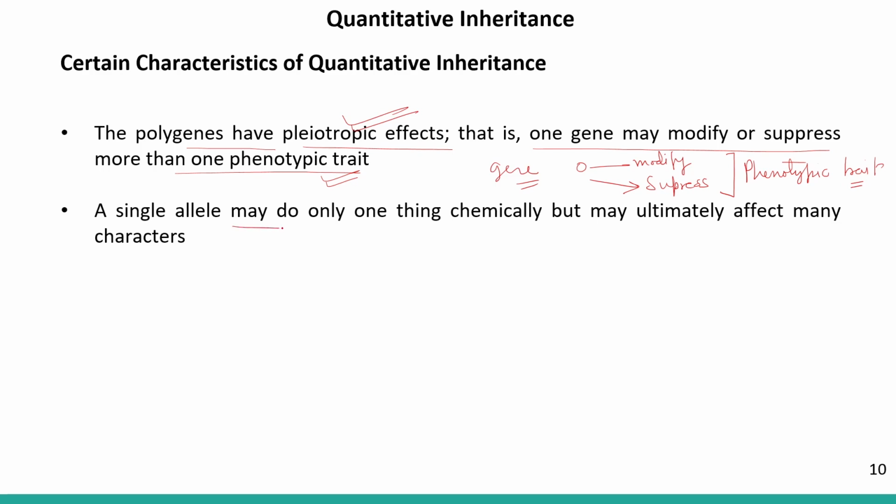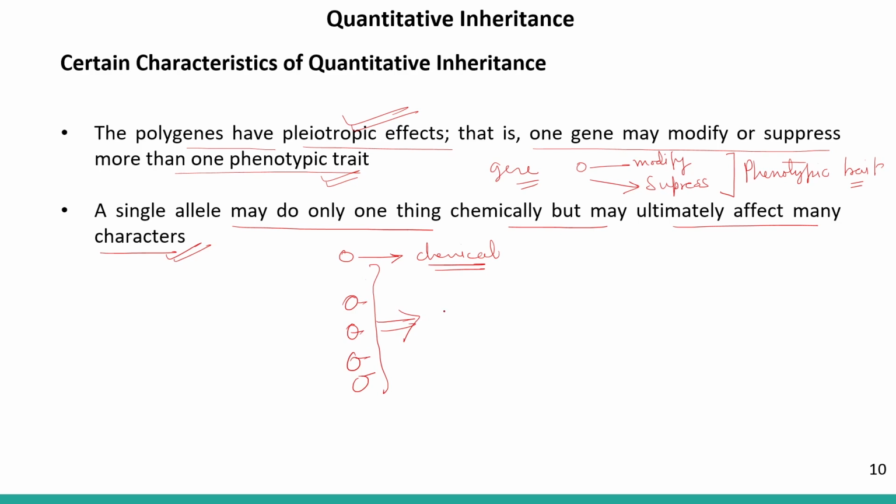A single allele may do only one thing chemically, but may ultimately affect many characters. But when there are multiple genes with different alleles, they will have different combinations, so they can affect many characters.